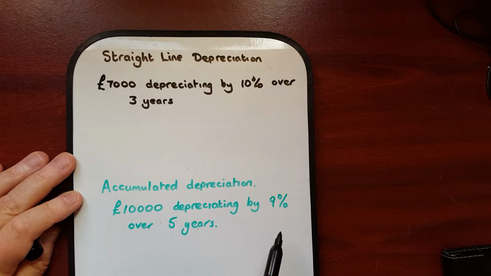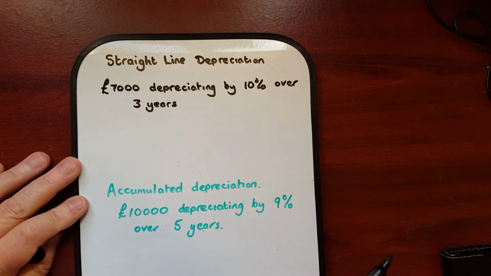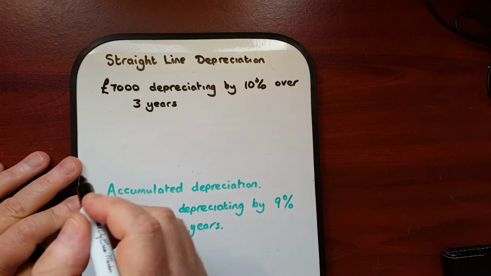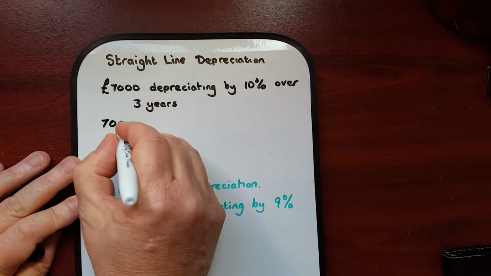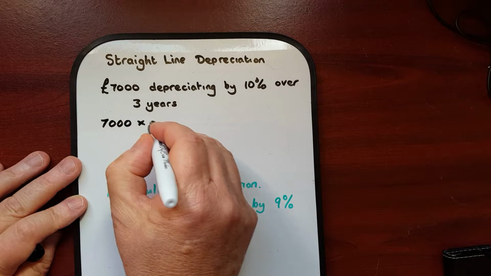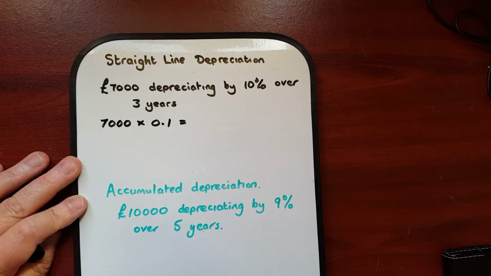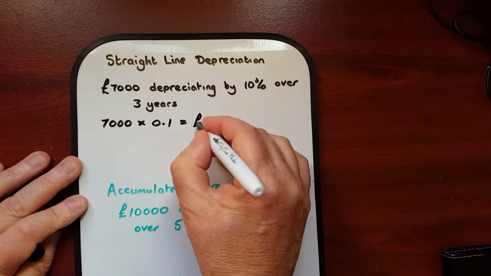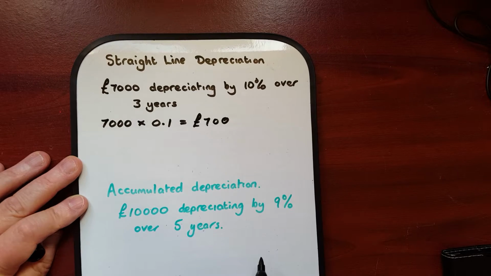So let's take a look at this one. £7,000 depreciating by 10% over 3 years. Well, we're going to find 10% of 7,000. So I'm going to do 7,000 times 0.1, and of course that's going to be 700. So it's going to depreciate by £700.